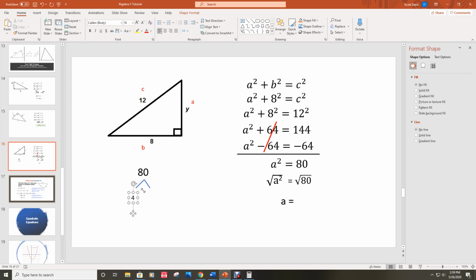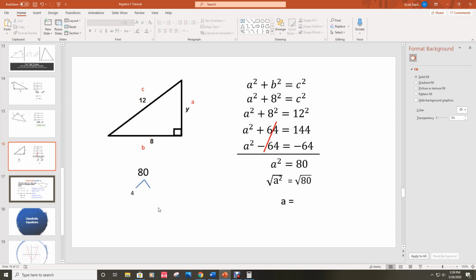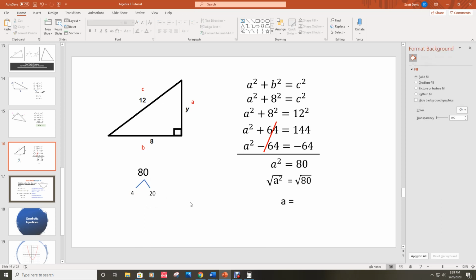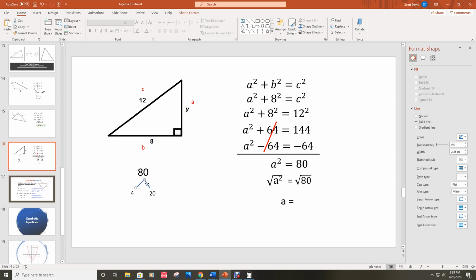So 4 here, and I'm going to put a 20 over here. Now we're going to see, can we break these down even more? What times what can equal these numbers? 4. Can I break that down more? I can. 2 times 2 equals 4. So I'm going to break that down.